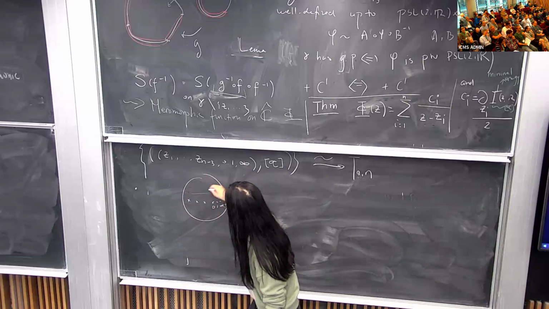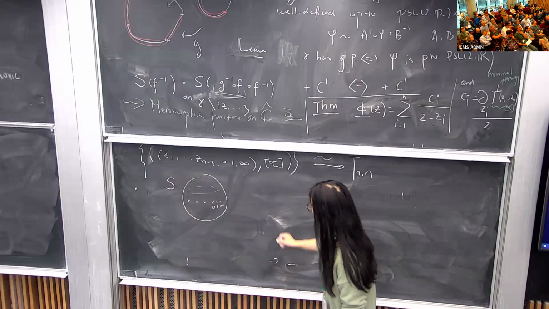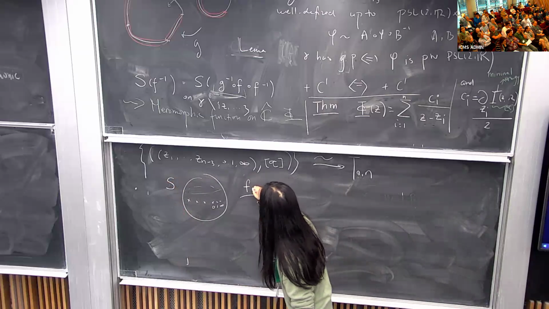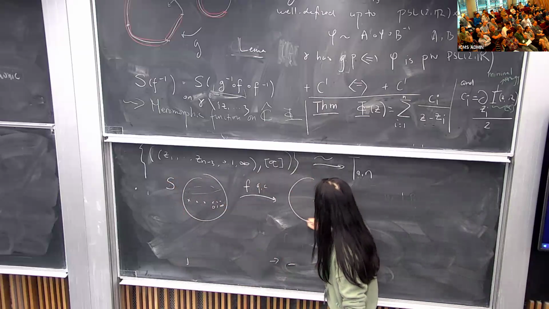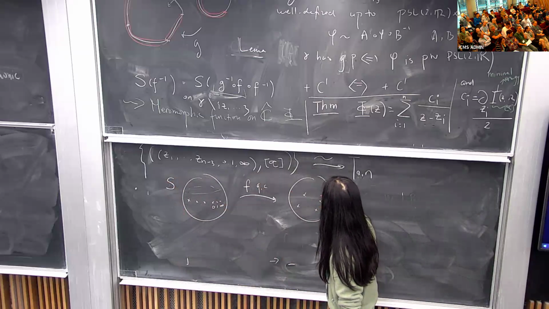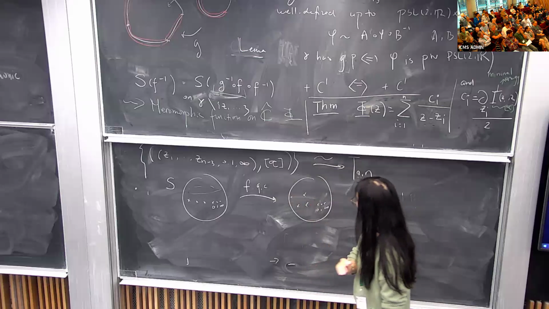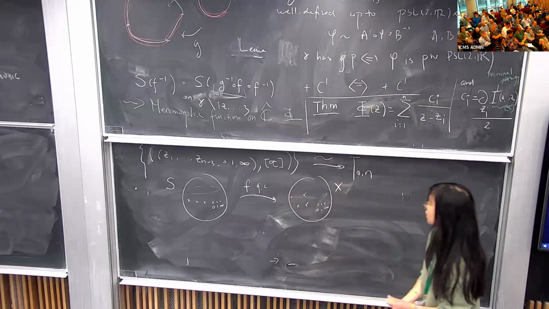This is my sphere, my reference surface S. For Teichmüller space, these are quasi-conformal maps of the punctured sphere to some other punctured sphere, up to Möbius transformation. So I also assume there is 0, 1, infinity here. So this is my surface X.